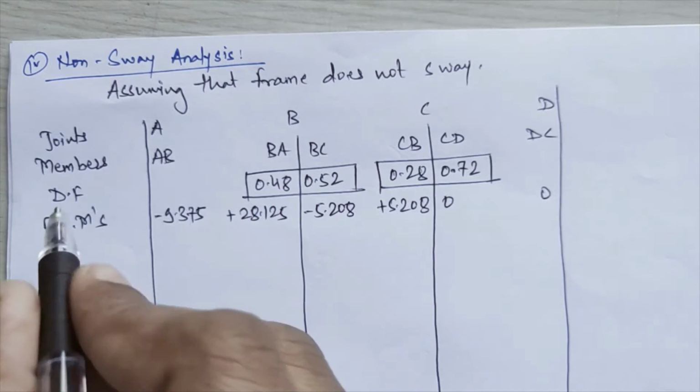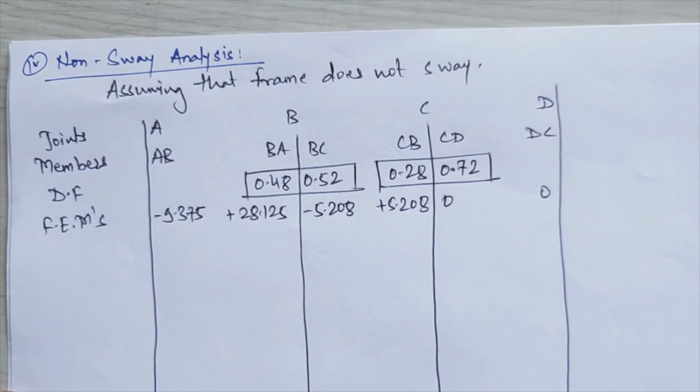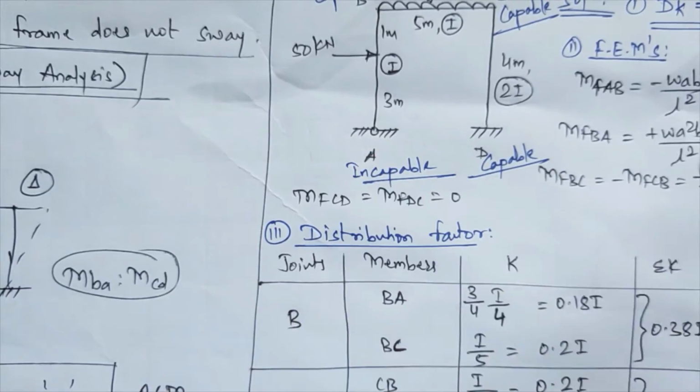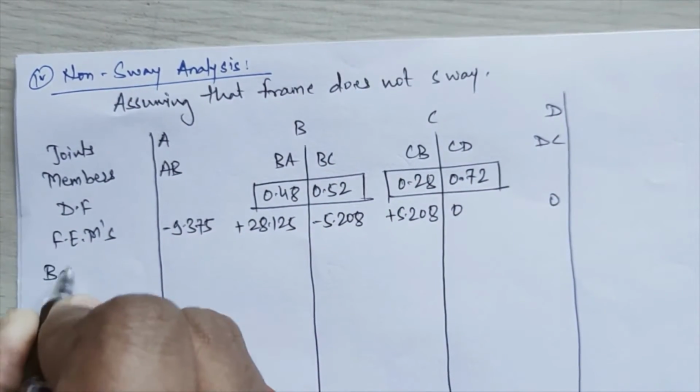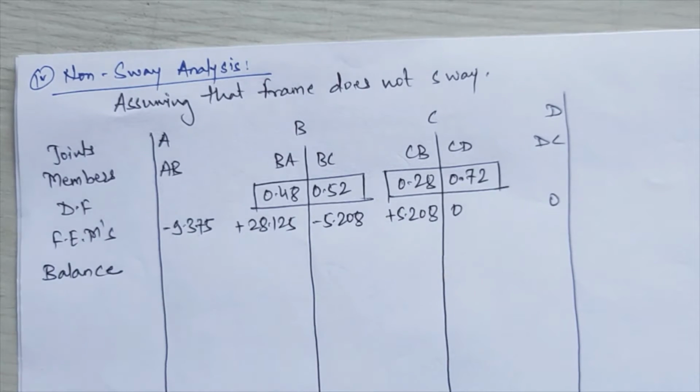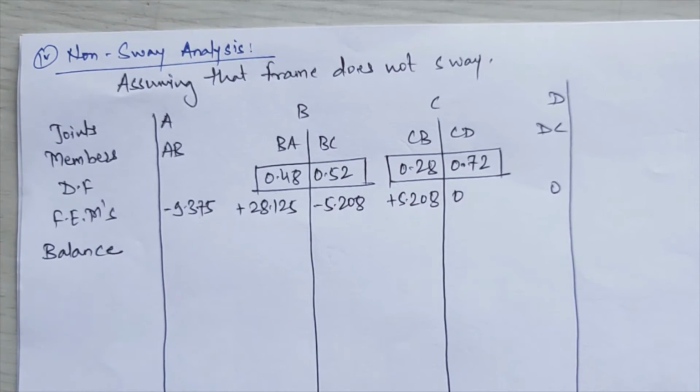Okay, now after this what you have to do is apply the balancing moment at your incapable support first. So are we having any incapable support? Yes, we are having, that is your support at point A over there. So you have to apply the balancing moment, that is you have to make the moment at joint A equal to 0.